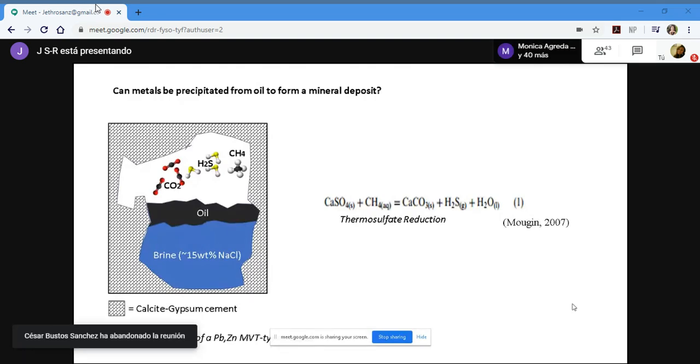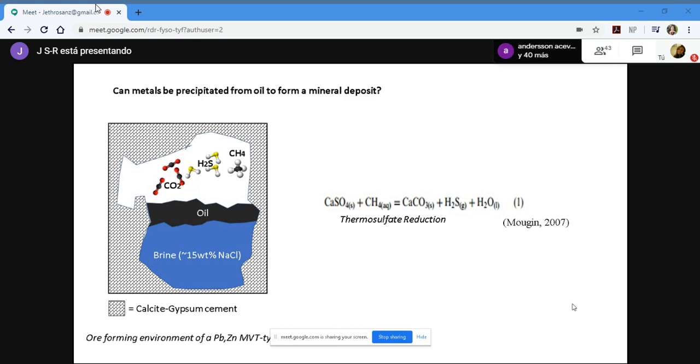Inside of this calcite or calcitic ore zone, we find large amounts of brine, of crude oil, and of different gases such as CO2, H2S, and methane. The hydrogen sulfide gas in these deposits is of particular interest because hydrogen sulfide concentrations help zinc precipitate from the ore fluid.